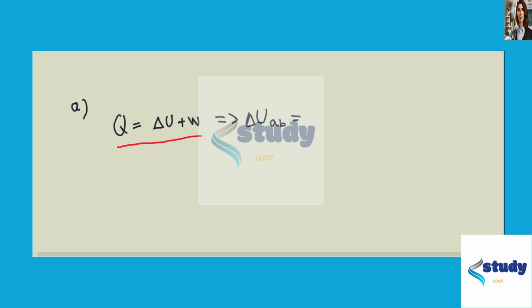So delta UAB equals, and from the first law of thermodynamics, we know that this will be equal to Q minus W, or the heat minus the work done. So in that case, delta UAB will be equal to 90 joules minus 60 joules, and this is equal to 30 joules.